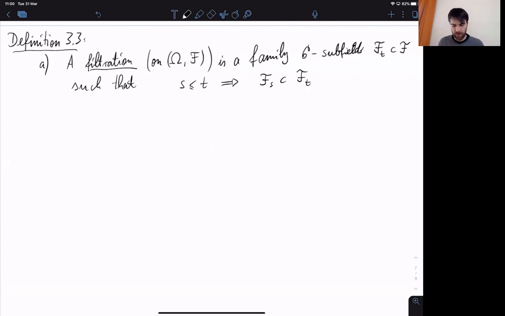So it's an increasing family of sigma algebras, or sigma fields.